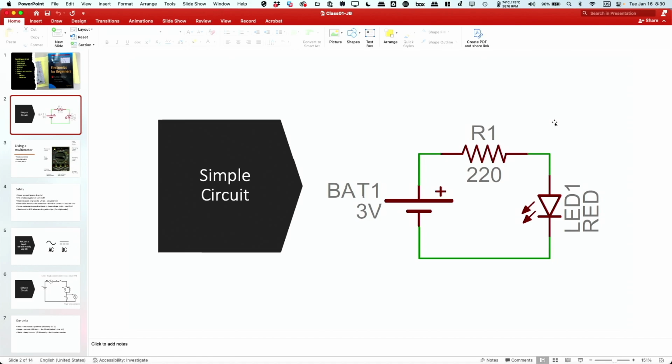For example, the battery: how are batteries labeled? Yeah, positive and negative. You've all put batteries into a remote control for a TV or some other device, right? What happens if you put them in backwards? It doesn't work, okay? So the direction of some of these components is important, but not necessarily all of them.